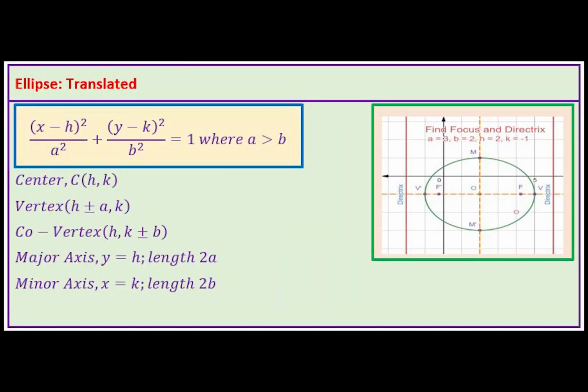An ellipse translated to the center at (h, k) can be defined with the vertices at (h ± a, k), co-vertices at (h, k ± b). The major axis will be y equals k, and the minor axis will be x equals h.